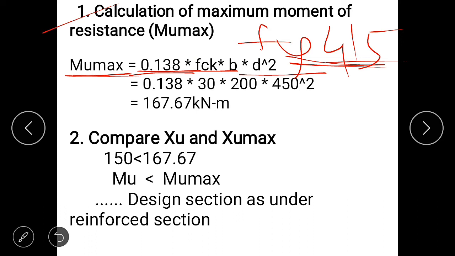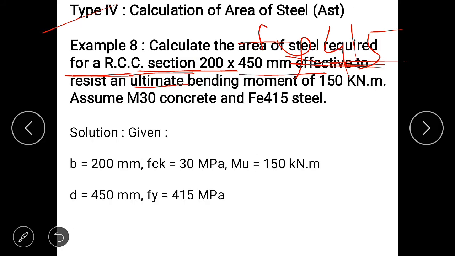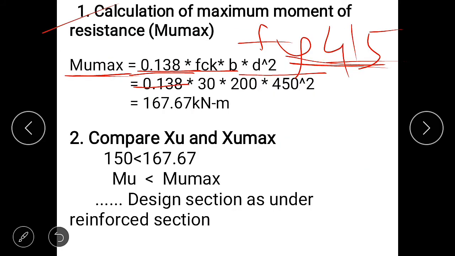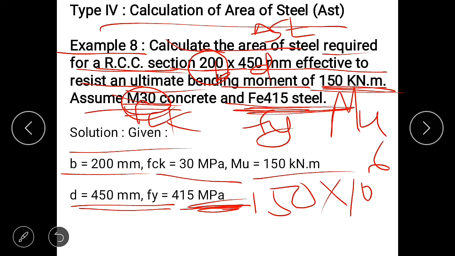So 0.138 fck, here M30 is given, B is 200 and D is 450 square. So Mu maximum is 167.67 kilonewton meter, and Mu is given here.